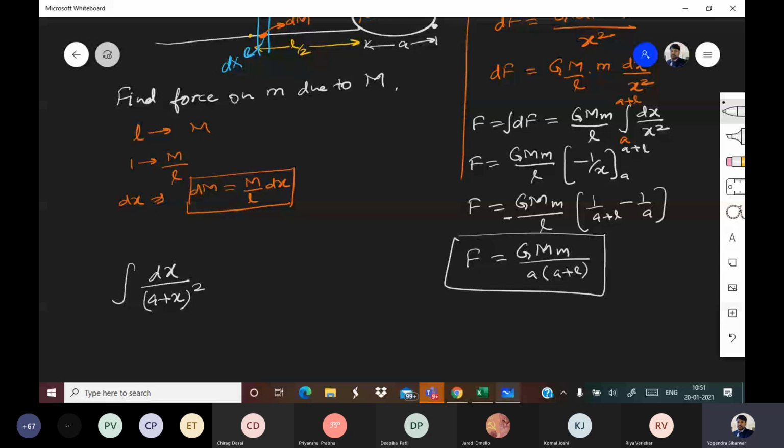If you are able to do that, yes, you can apply limits of 0 to L.